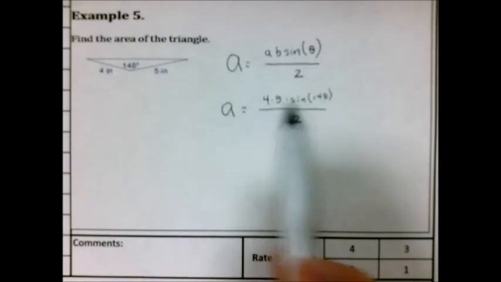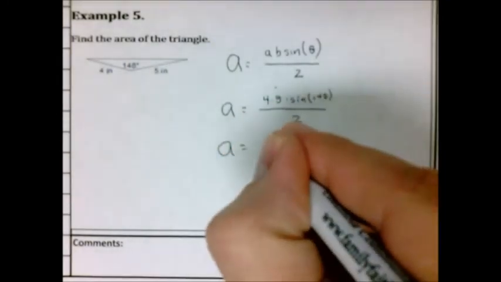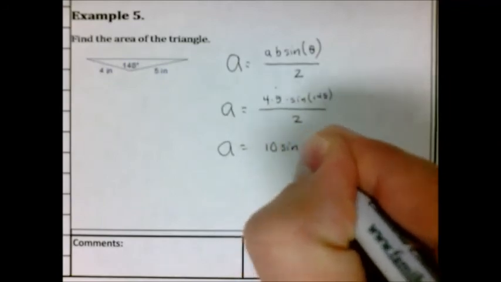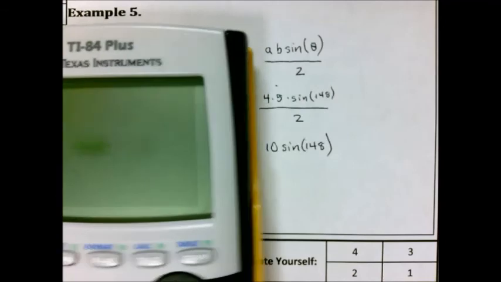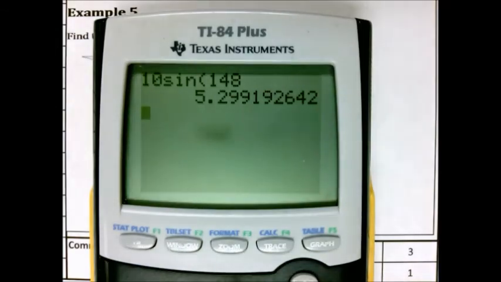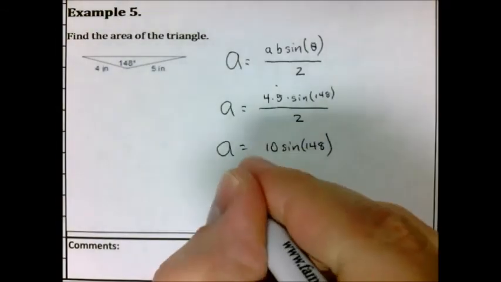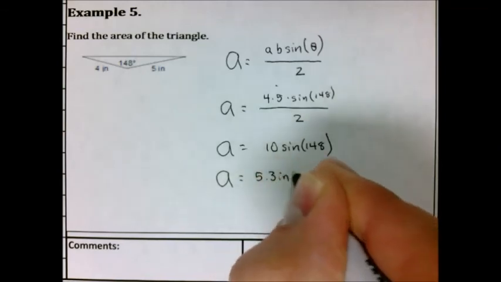And we could actually even simplify this even more and know that 20 divided by 2 is just going to be 10. So our answer really is going to be 10 times the sine of 148. Okay, and remember, you got to be in degrees though. So we've got 10 times the sine of 148, and we get 5.3. So our area is 5.3 inches squared.